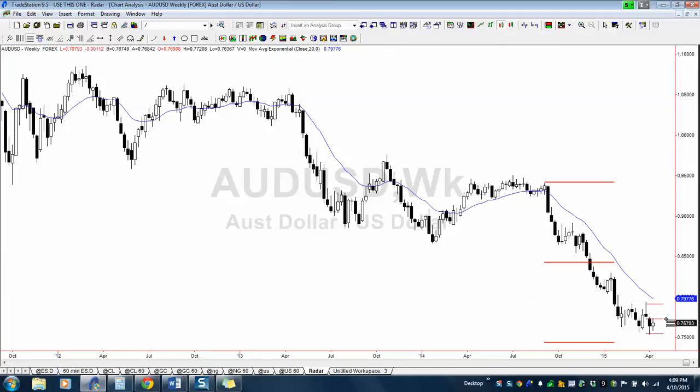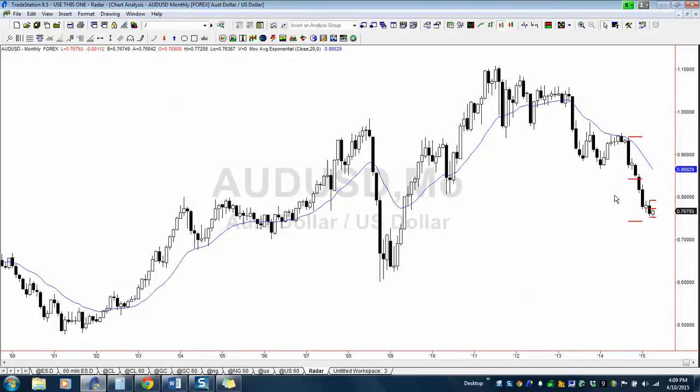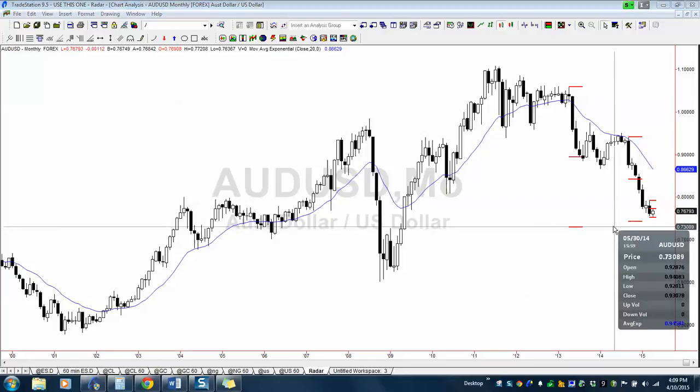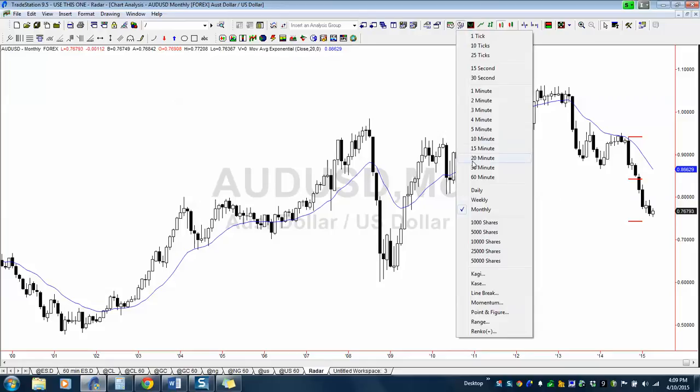So I would just try and get 1 times this, maybe. I might look at the monthly and say, well, we've got that, maybe we'll get something like that, maybe hold down to here. So I would probably hold. I would treat it as a swing just because of where your stop is.